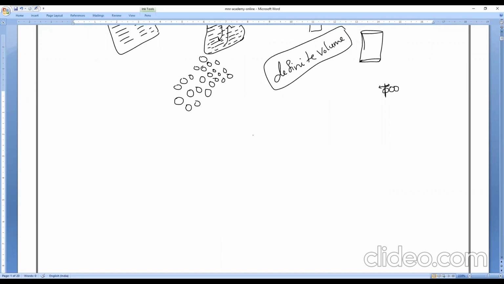But you can see here, compared to solids, they have a little bit more spaces. But compared to gases, they have less spaces. So in the arrangement of particles, the particles have higher kinetic energy as compared to solids.